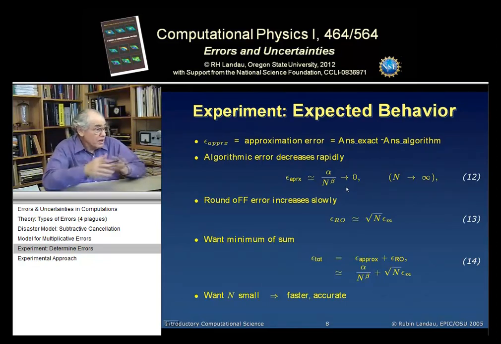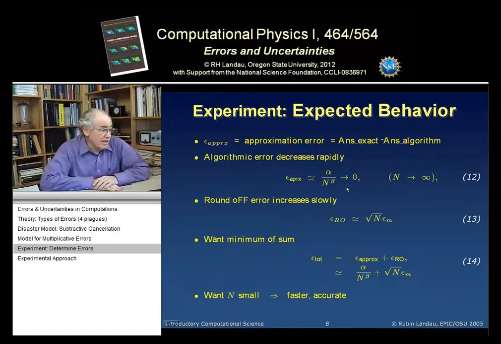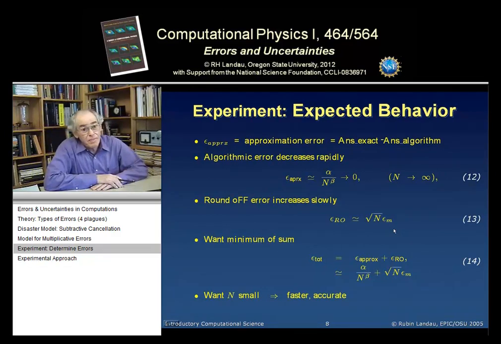We also know that another type of error, just sort of the noise in the calculation, the round-off error, is proportional to the square root of N times machine precision. So the big difference between equation 12 and equation 13 to note is that the algorithmic error gets smaller as you use more terms. The round-off error gets bigger. And at some point, if you let N get big enough, round-off error must get larger because it keeps growing and algorithmic error decreases.